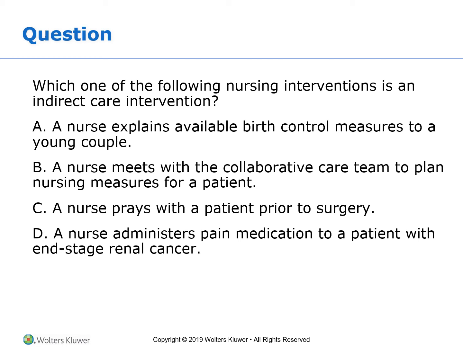A nurse meets with the collaborative care team to plan nursing measures for a patient. A nurse prays with the patient. Prior to surgery, a nurse administers pain medication to a patient with end-stage renal cancer. Which one of these would be indirect care intervention?